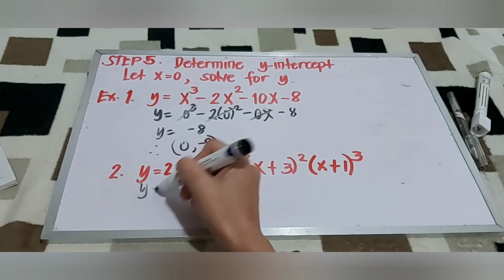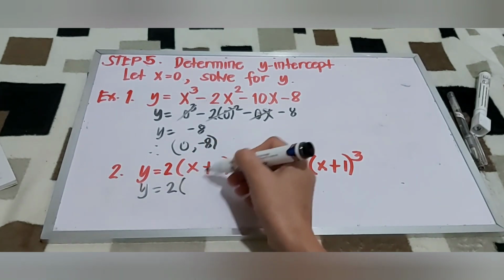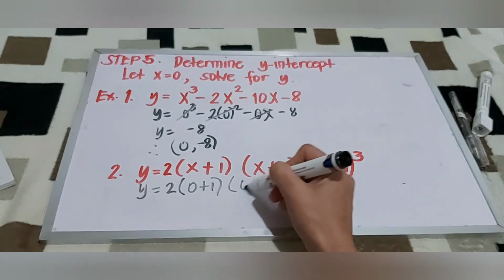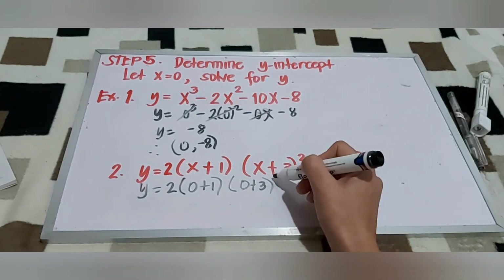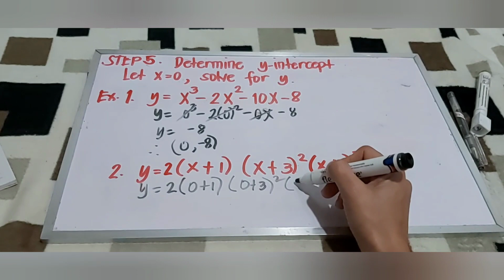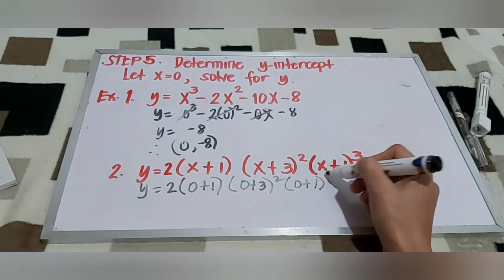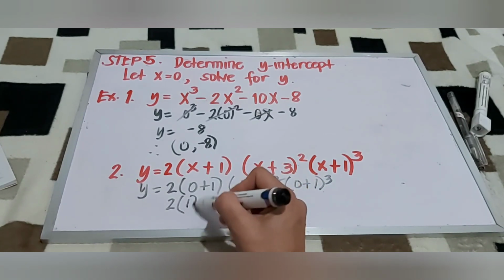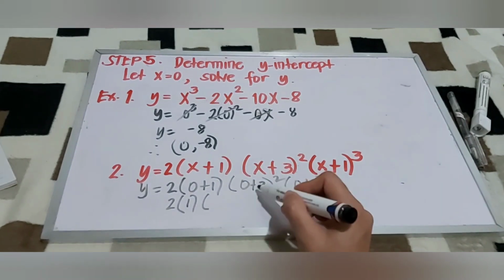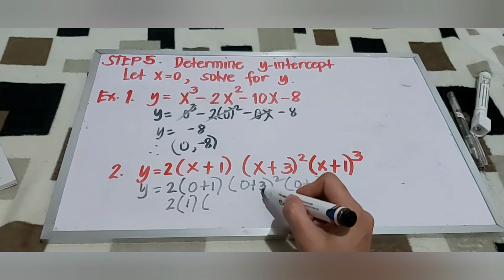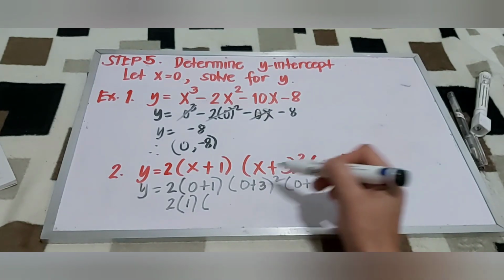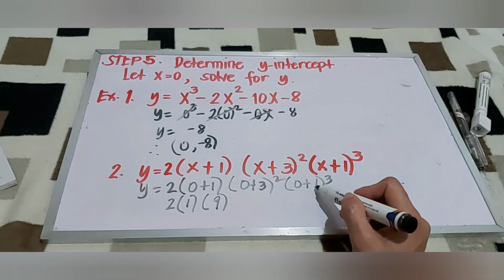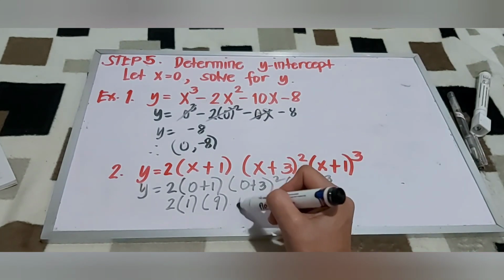So, y equals 2 times 0 plus 1, times 0 plus 3 squared, times 0 plus 1 cubed. So this is 2 times 1. Then 0 plus 3 is 3, and 3 squared is 3 times 3, so that is 9. Then 0 plus 1 is 1, and 1 raised to 3 is 1.